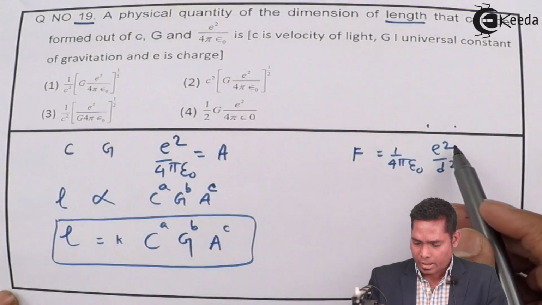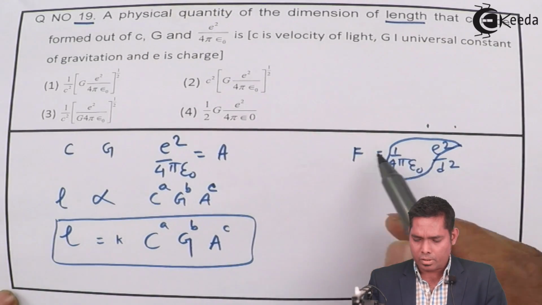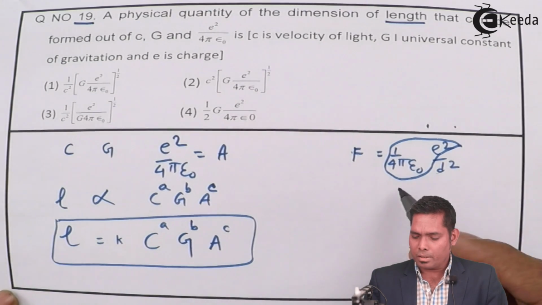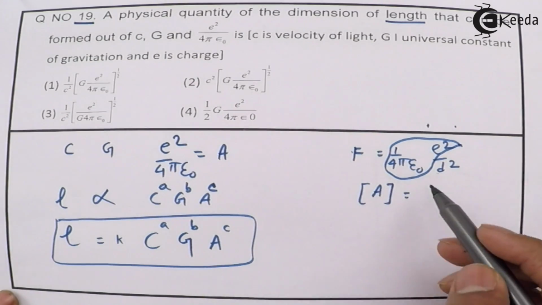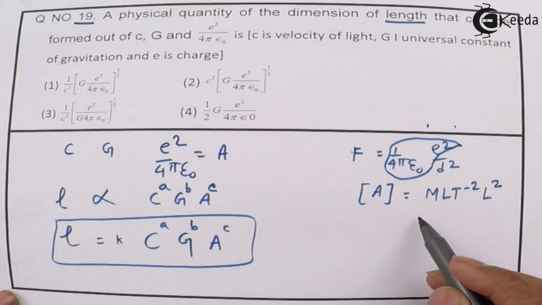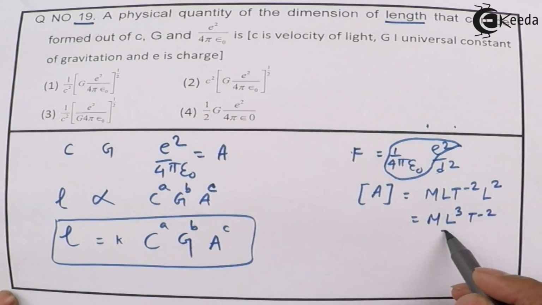So from here this part is A, which is Newton times meter square. So this part has the dimension of A. The dimension of A is Newton, that is M L T minus 2, and distance square. So this becomes M L cube T minus 2.